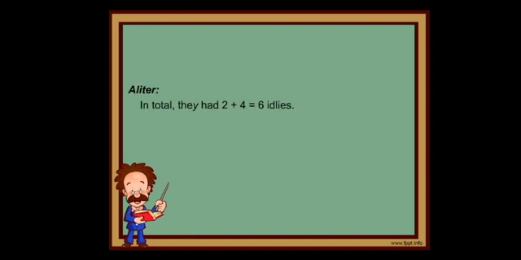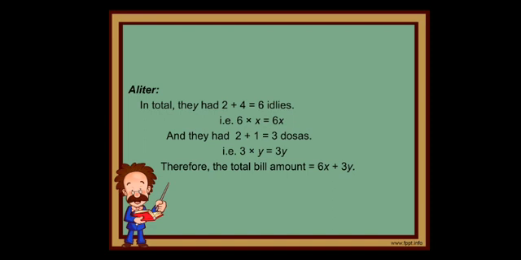So in total they had 6 idlis. Since the price of 1 idli is x, the price of 6 idlis is 6x. And they had 3 dosas, so 3 into y, 3y. So the total bill amount is 6x plus 3y. Okay, like this also we can do.